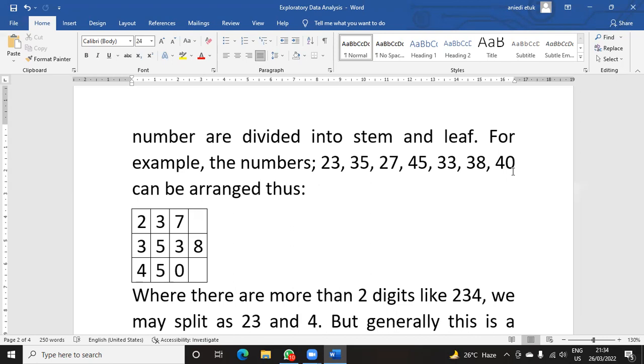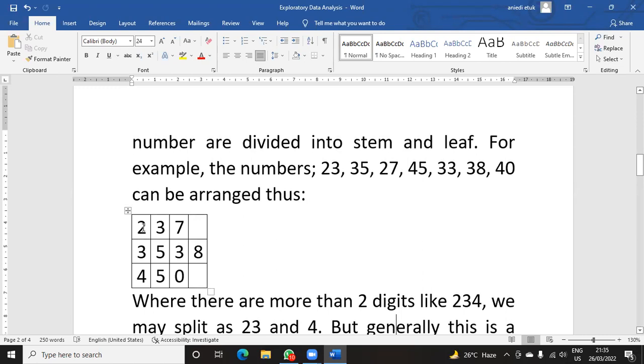Instead of duplicating and rewriting the data, you create a table that has to do with the first digit of the integers. Our lowest integer is 2, then we have 3, then the highest, which is 4, as the first digit.